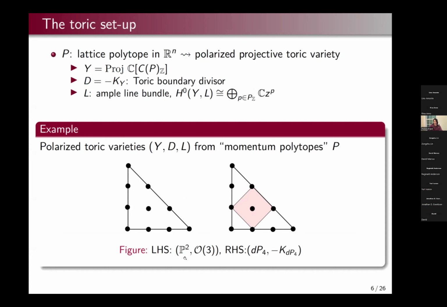So for instance, for the canonical bundle O(3), you have this polytope and you have sections that are indexed by the integral points.